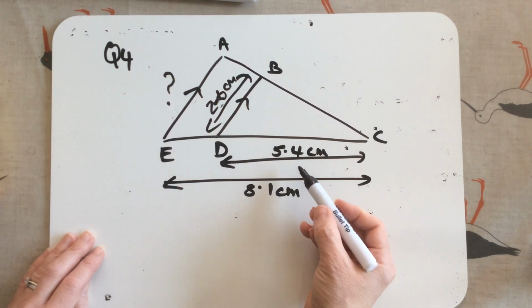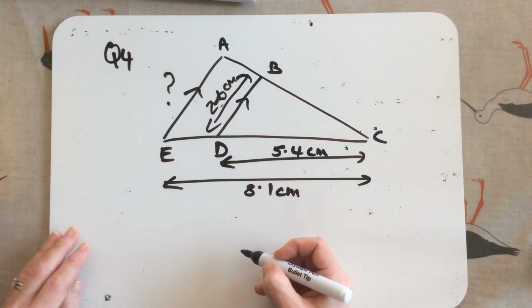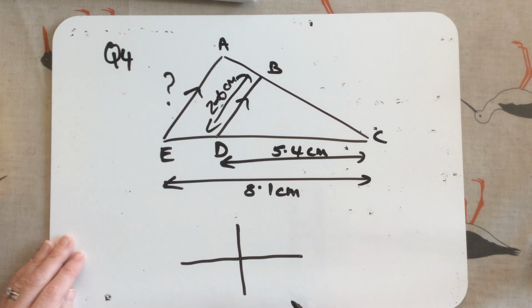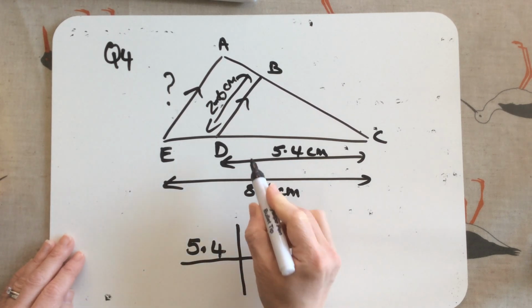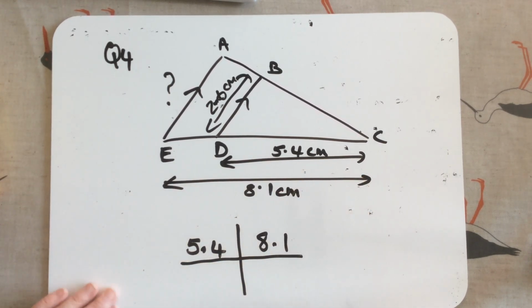So what I've got here is enough information from these 2 sides, because they're the corresponding sides, to work out the scale factor of enlargement. So the smaller triangle has a length of 5.4 for this side, and the bigger has a length of 8.1.